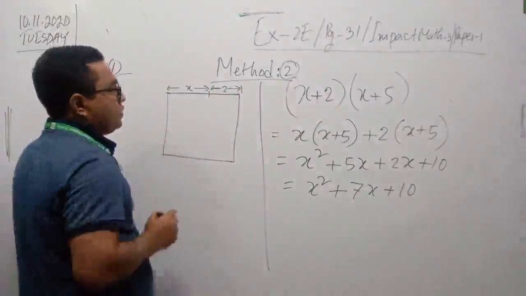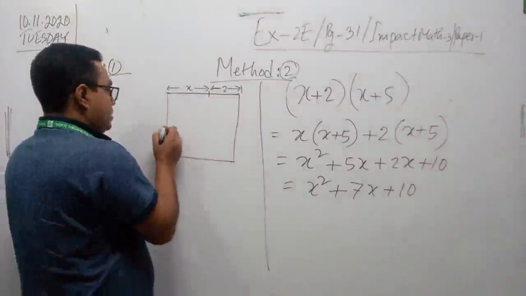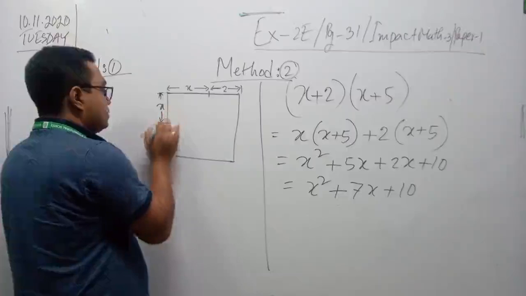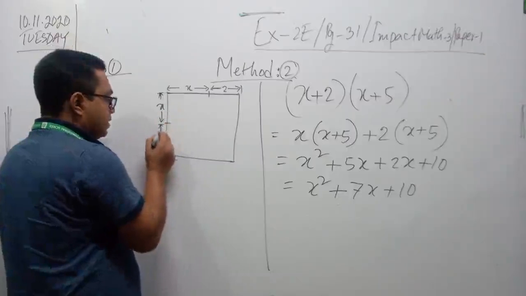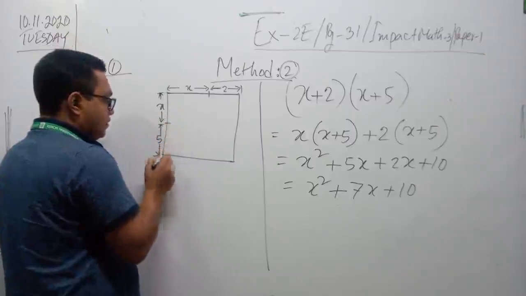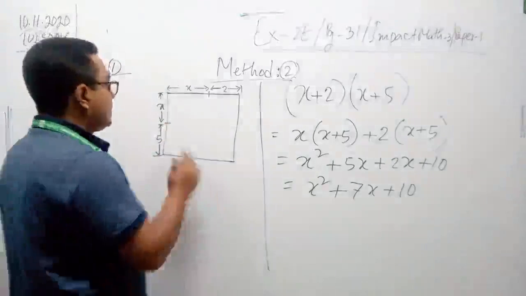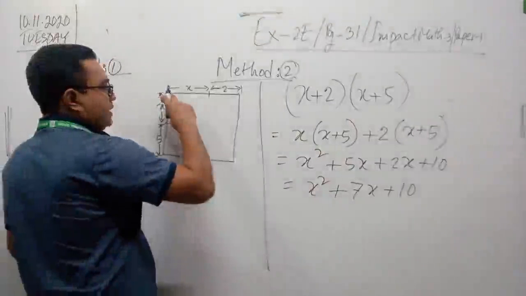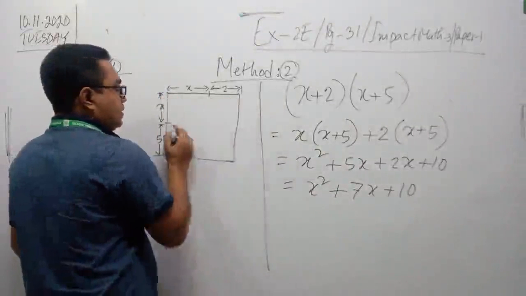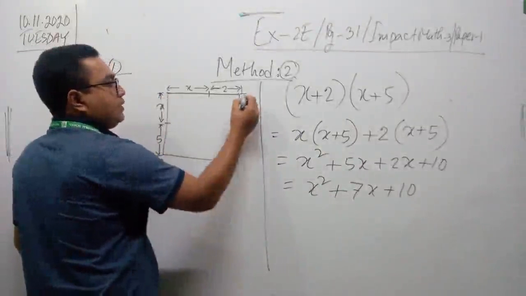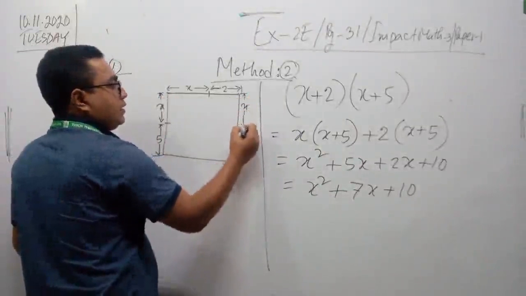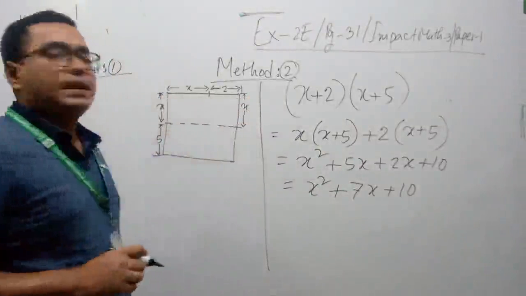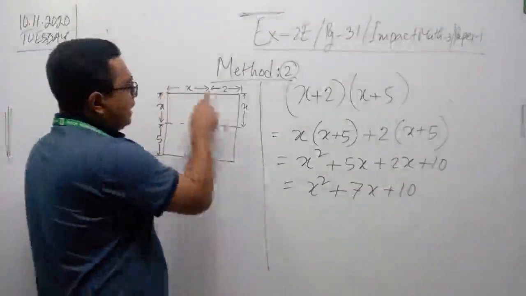And that line, suppose this part is x and that part is 5. So for a rectangle, if this part is x, the corresponding part here will be another x, then the rectangle here is x, and here x plus 2.